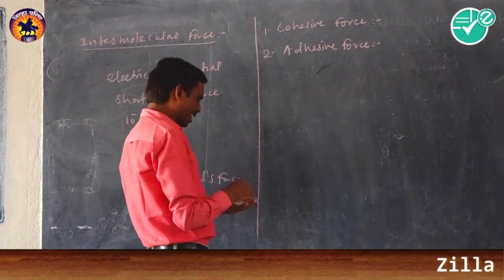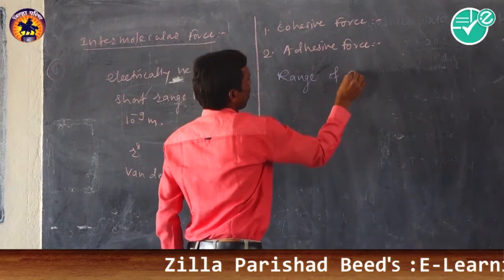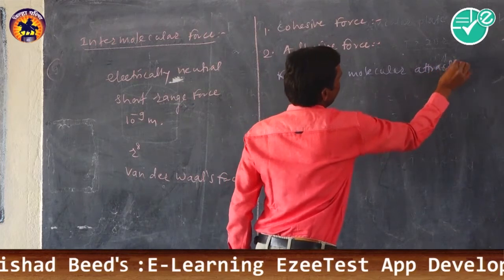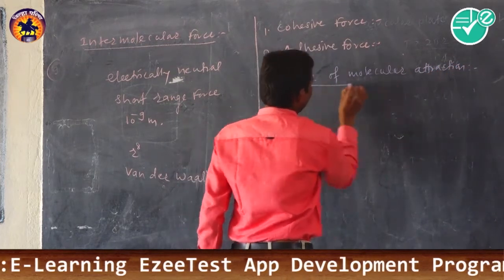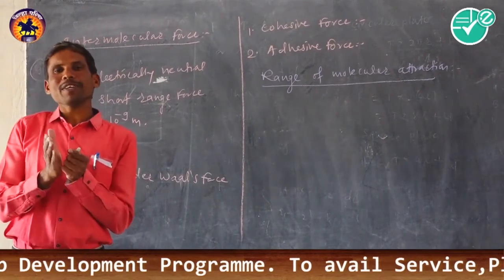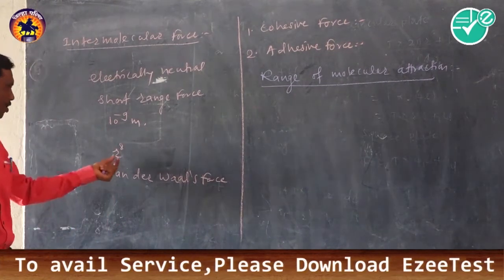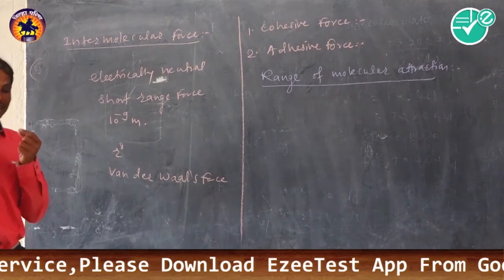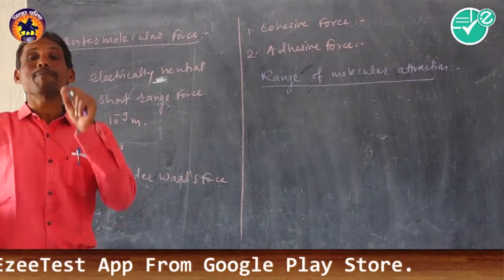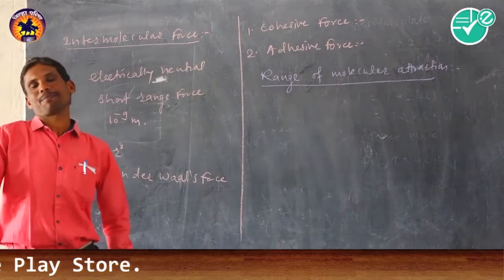Then we shall discuss the range of molecular attraction. If the distance between two molecules increases continuously, then according to this relation the intermolecular force decreases, and at a particular distance it becomes zero, or beyond that distance it becomes ineffective.